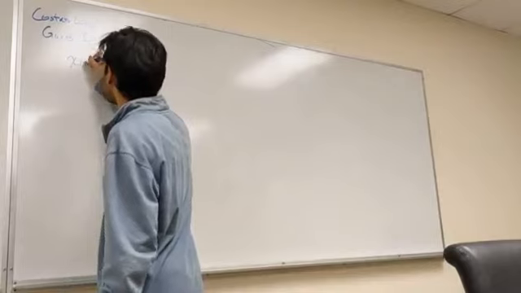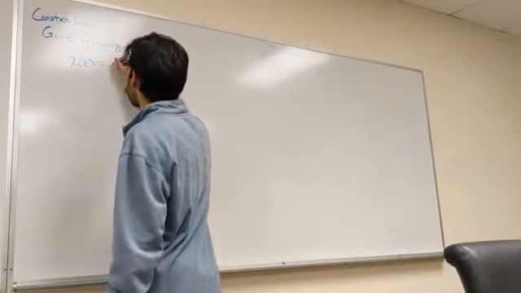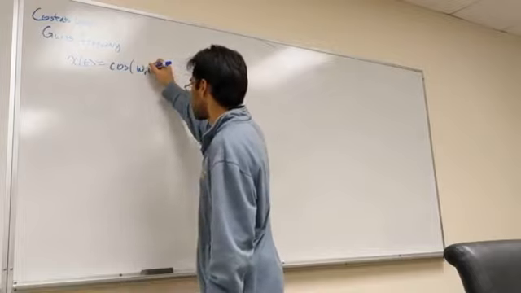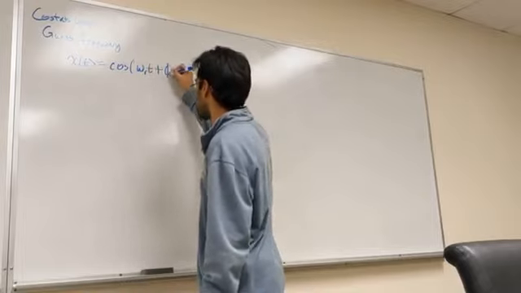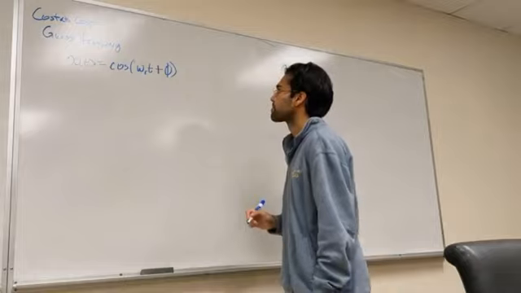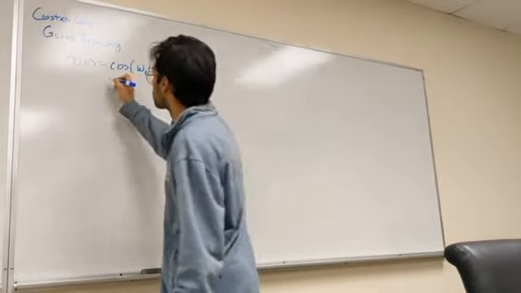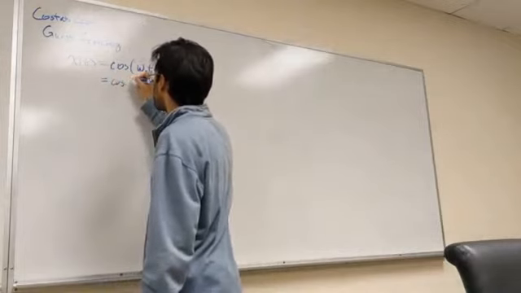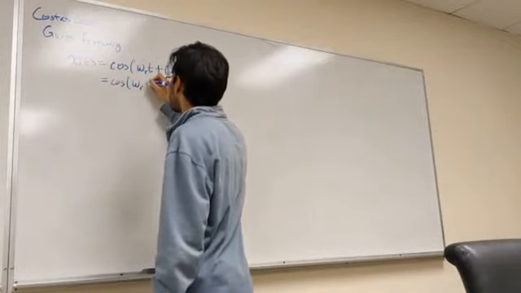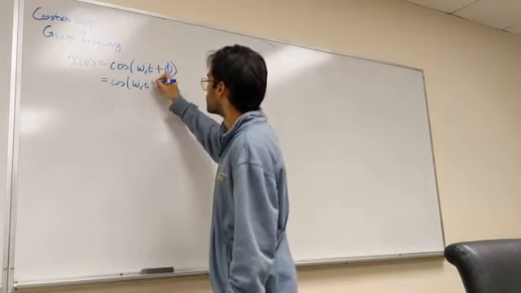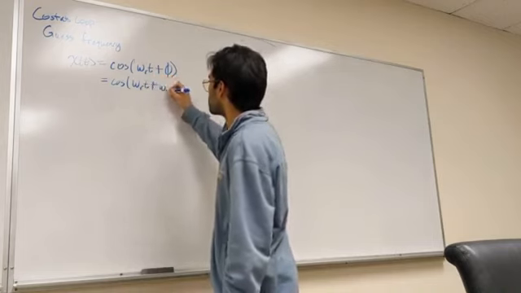So if x of t equals A cosine of our receive frequency times time plus some phase, we can change this with a little mathematical manipulation.